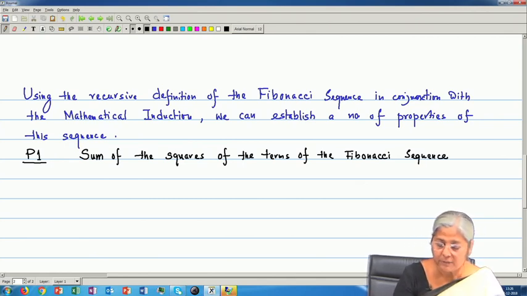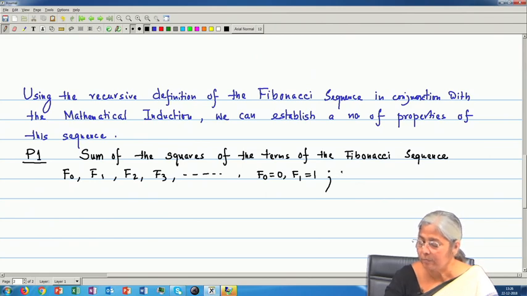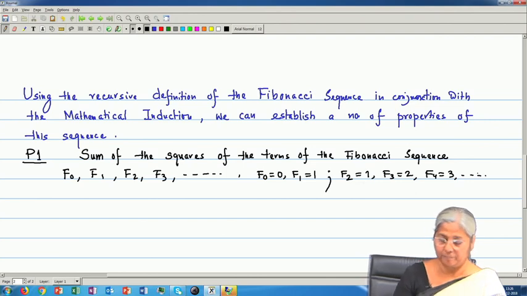Just now we have seen the terms are f 0, f 1, f 2, f 3 of the Fibonacci sequence, and we have the initial conditions f 0 equal to 0, f 1 equal to 1, and using the recursive rule we found f 2 equal to 1, f 3 equal to 2, f 4 equal to 3.